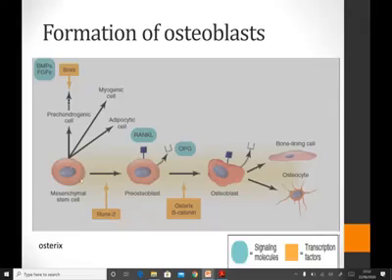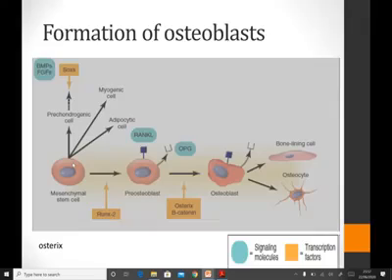So the single progenitor could differentiate into these 4 types of cells depending upon the stimuli. And what are those stimuli in case of the osteoblast differentiation? They are signaling molecules, transcription factors, growth factors, certain hormones.